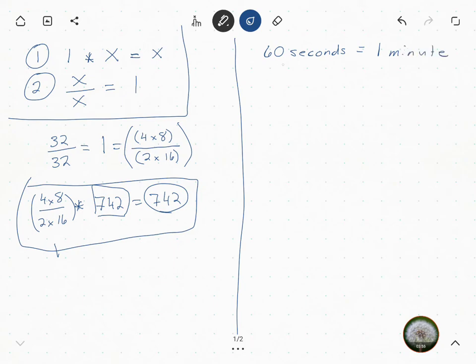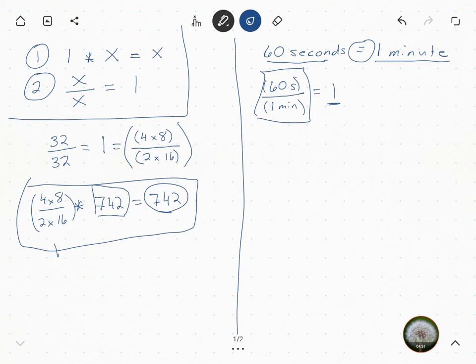Because we know that 60 seconds is equal to 1 minute, we can write that as a ratio, 60 seconds divided by 1 minute, that equals 1, because these are the same thing, and if we multiply anything by this value, it doesn't change the quantity that we started with, because this is, in a nutshell, equal to 1.